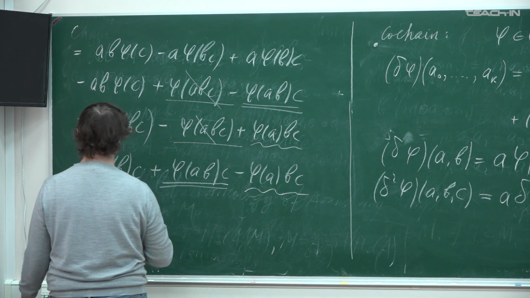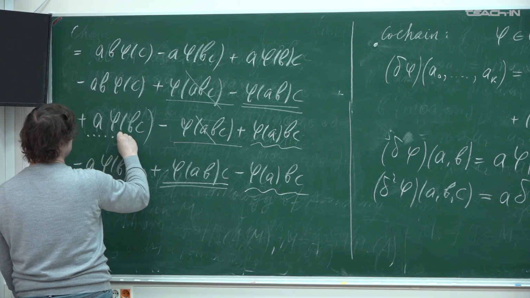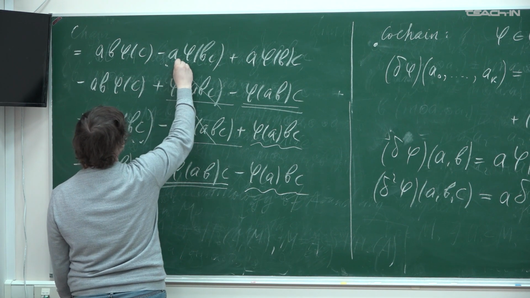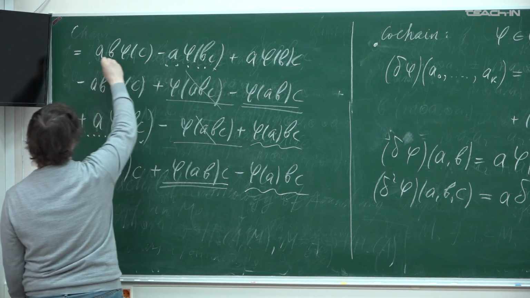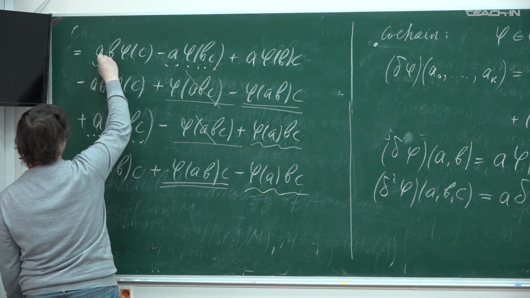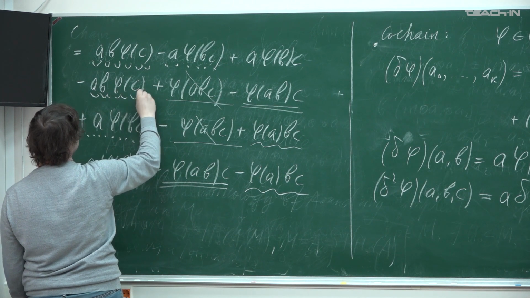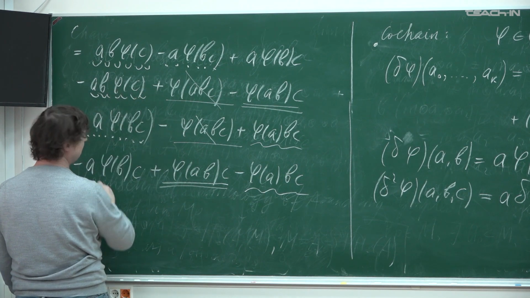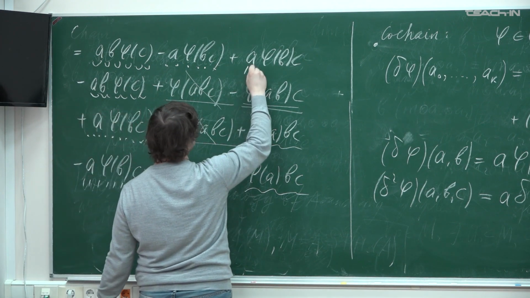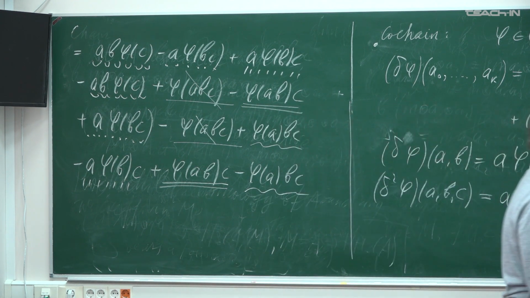Then we have these A, B, C, and this. I think I'm running out of signs, right? With this. And the last one, but not the least, is this and these and this and these two. So they always cancel out again.